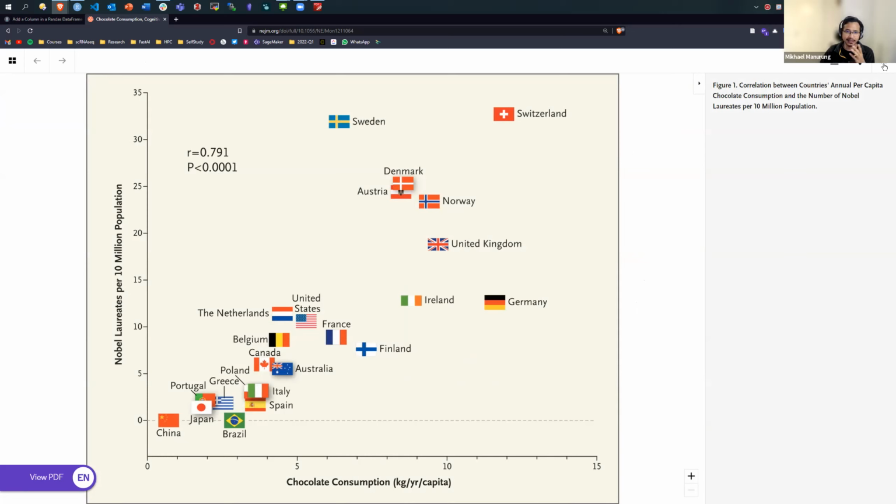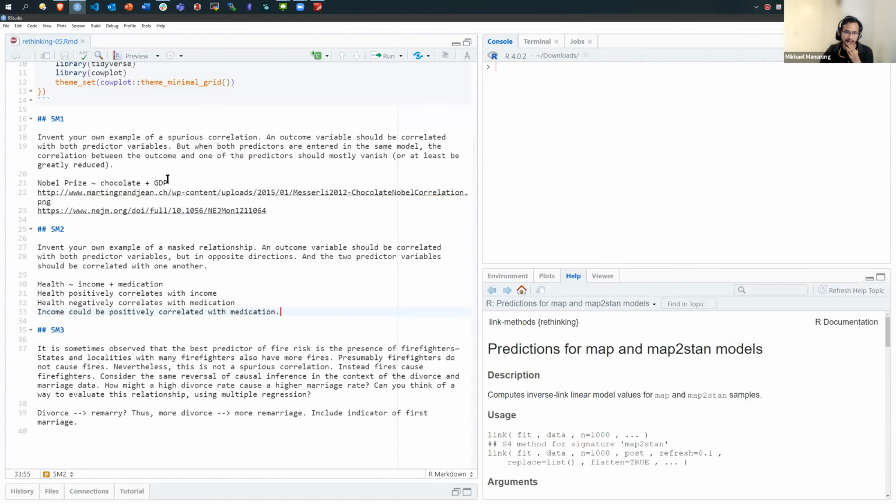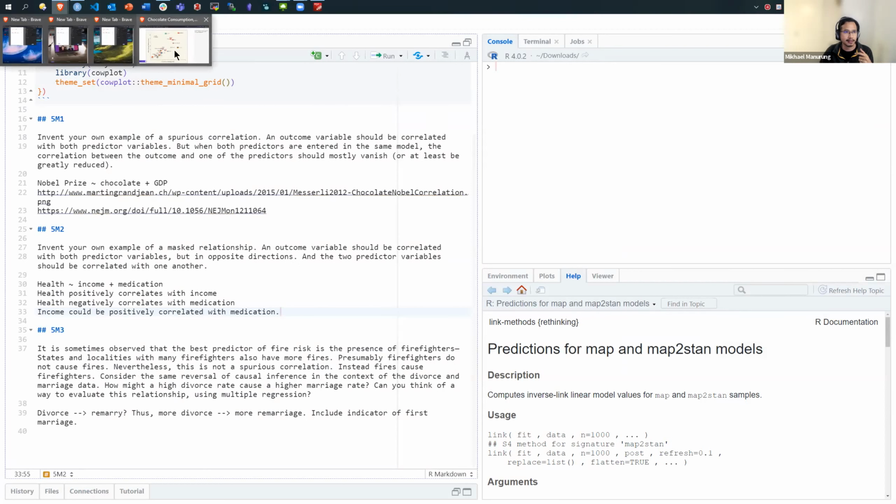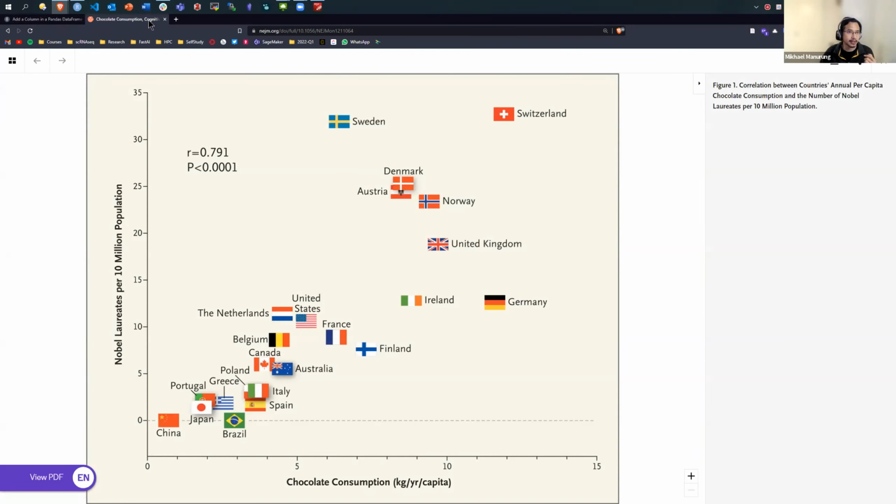The author said, well, I can give you the link later. The author said that there is no other explanation that can fully explain this finding, which I find really surprising because I can immediately think of, how about the wealth of these countries, for example? Looking at the figure we have here, chocolate is indeed correlated, and GDP is also correlated with the number of Nobel Prize winners.